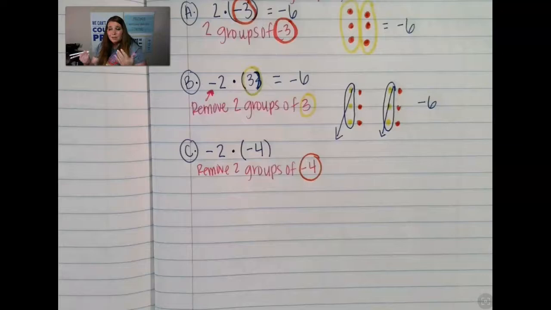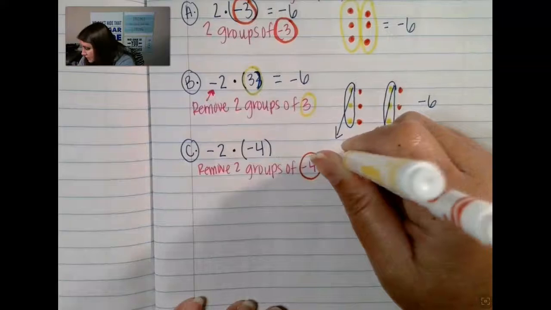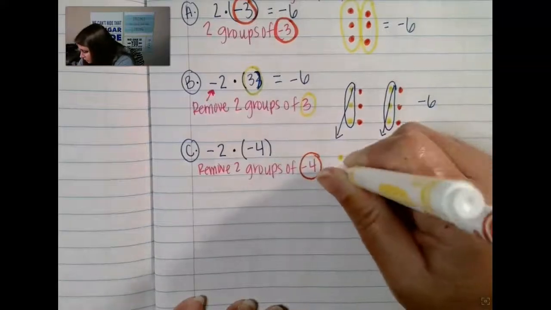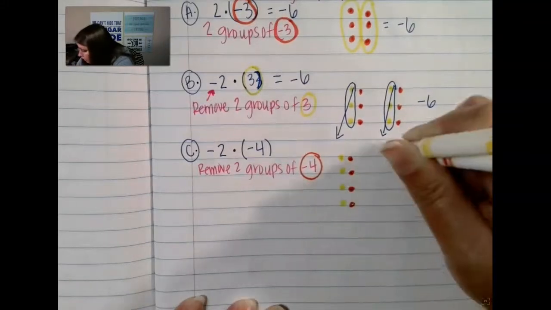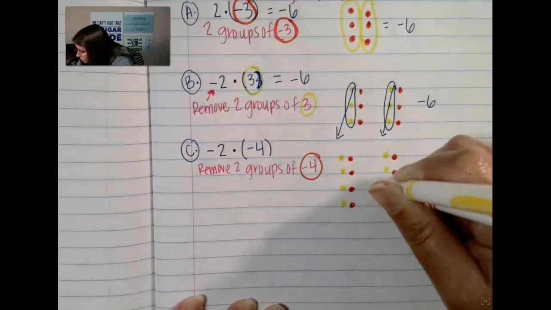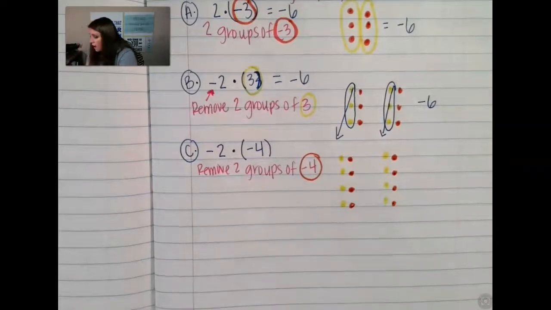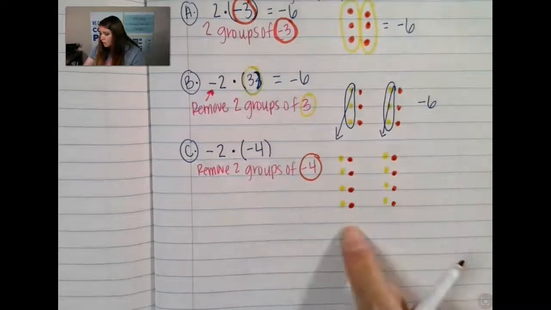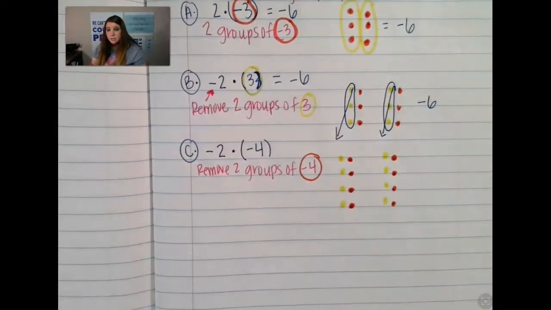It means nothing. So we can put nothing on our board all day and still have nothing. Our nothing is a positive and a negative stuck together. So I have 2 groups of 0 pairs.